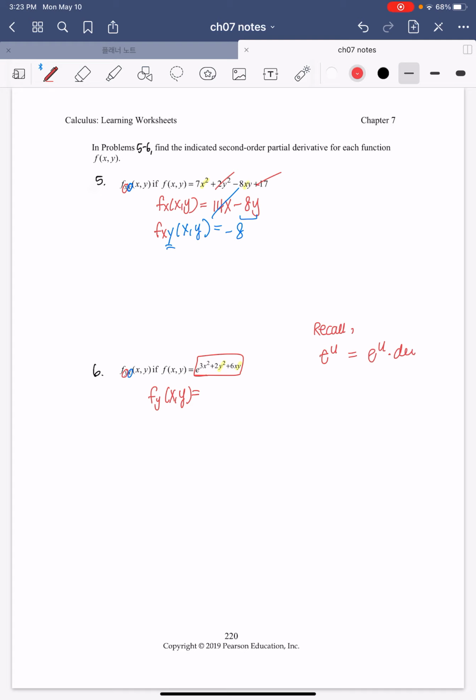So it will be e to the 3x squared plus 2y squared plus 6xy. Then derivative of this whole thing here. So y is your variable. So this is constant. 2y squared gives you 4y. And then derivative of y is 1. So it will be just 6x.